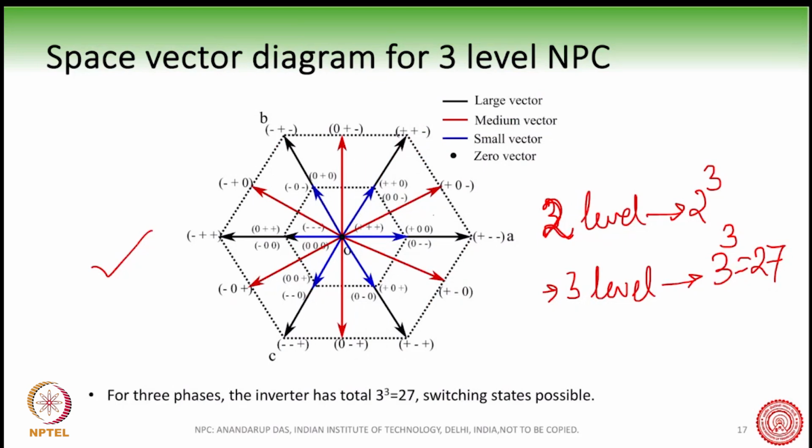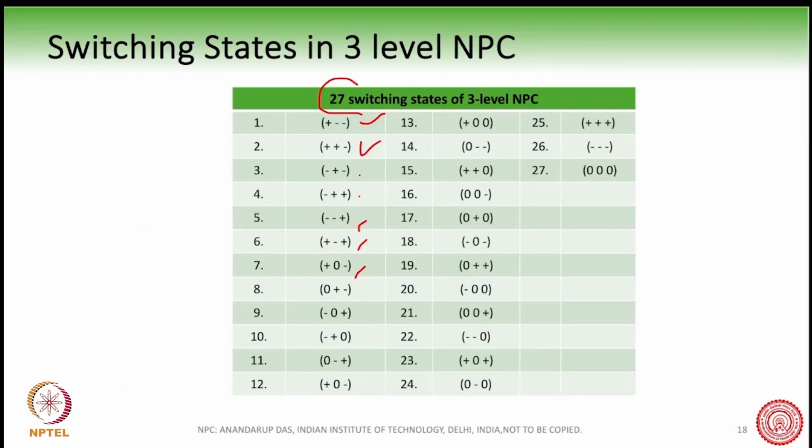Here, these blue ones are the small space vectors, the red ones are called the medium vectors, and the black ones are called the large vectors. Of course, you have zero vectors as well. There will be 3 zero vectors, coming from the 3 combinations which do not produce any voltage.